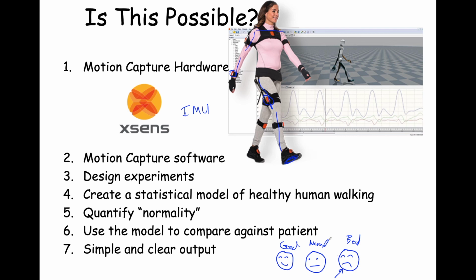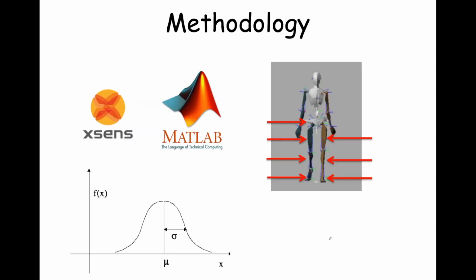So this was physical therapist in a box, and we have this motion capture hardware in my research lab. We only instrumented the lower trunk, so the measurements were at the center of the hips, the middle of the thigh, the shin, and the instep, and those were the motions that we measured.